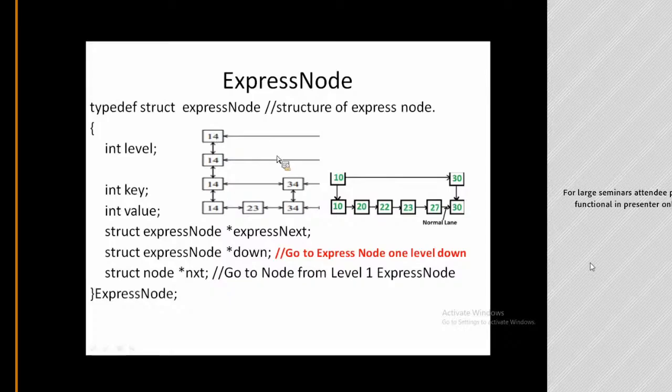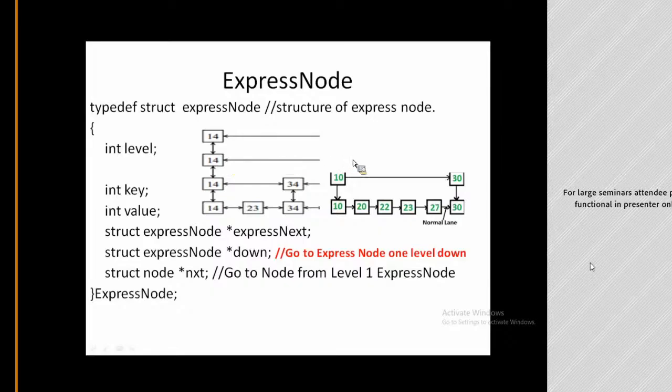So when I'm coming from the top and I'm looking for 23, I go to 14 and assume that the next node here is 100. So I will come down.